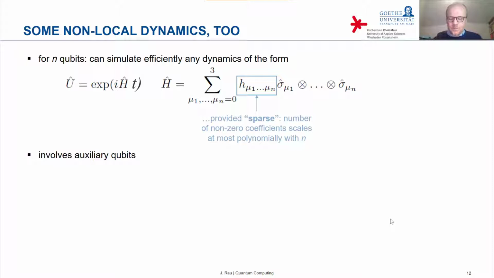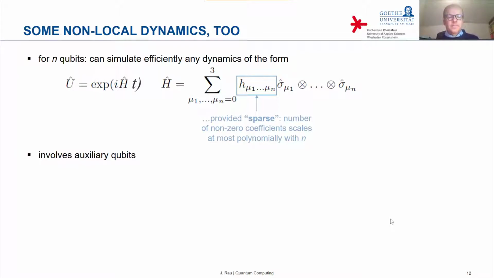The circuit that does the simulation of such unitary evolution, time evolution, generally involves auxiliary qubits. We have encountered auxiliary qubits in various places, also in various algorithms. These are qubits which are initially in the basis state 0, and at the end they are also in the basis state 0, but in between they couple to the other qubits and undergo transformations, and therefore they contribute to the successful execution of the algorithm.